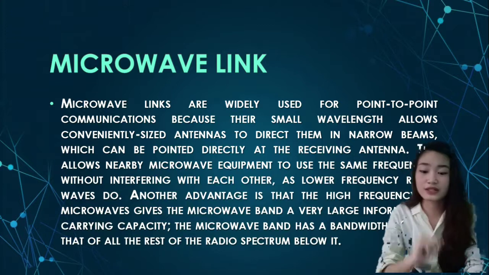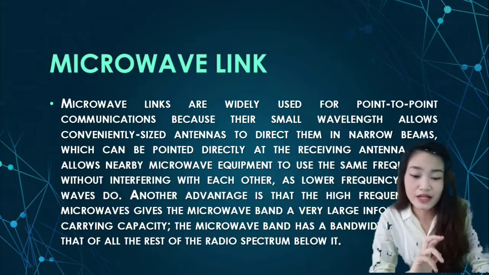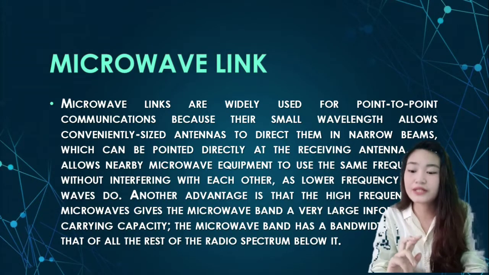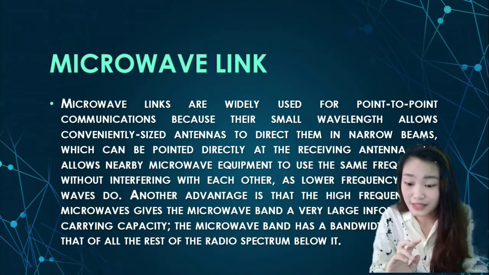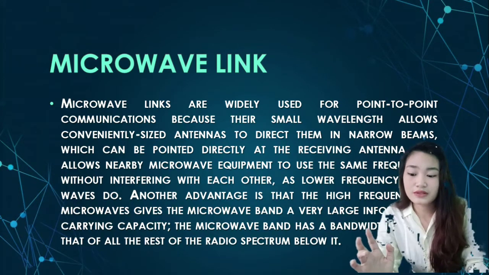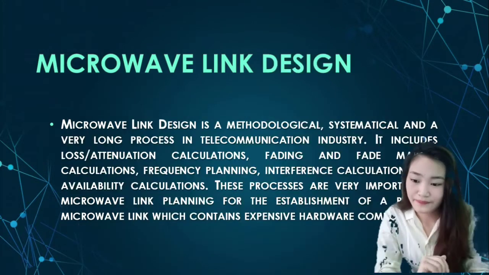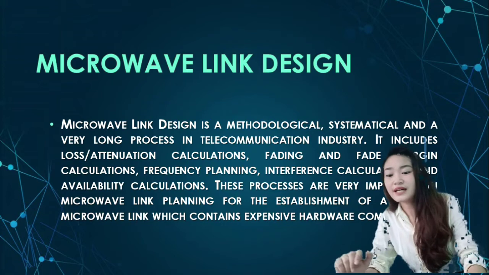Another advantage is that the high frequency of microwaves gives the microwave band a very large information carrying capacity. The microwave band has a bandwidth 30 times that of all the rest of the radio spectrum below it.